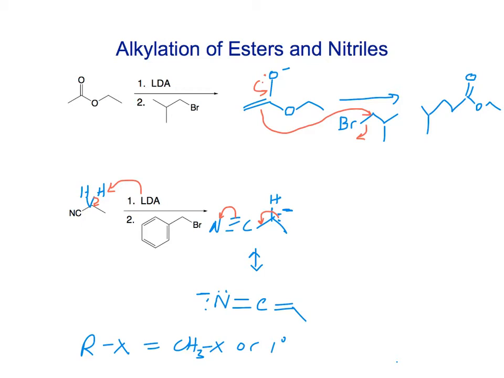In our second step, we're using benzyl bromide here. So these electrons are going to go here and displace this, or we could draw it from this resonance.